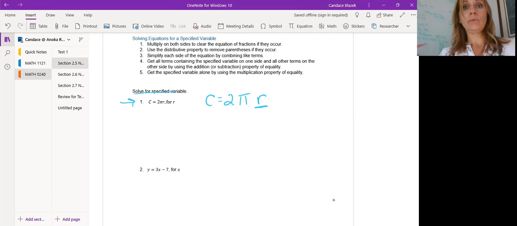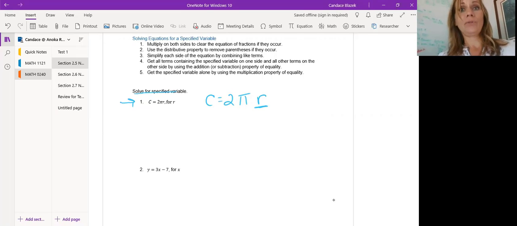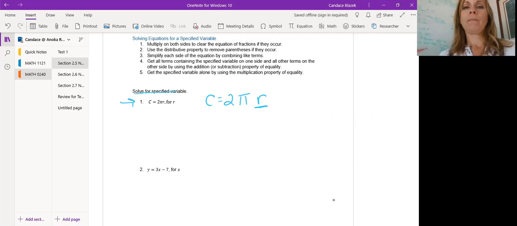I don't have any of those here. Distribute to remove any parentheses, no parentheses here. Simplify each side. Each side is in simplest form. But then it's getting all the terms by using the addition or subtraction property on both sides, right? Well, we don't have to do that either. The last step is using the multiplication property or the division property of equality to get this r alone. That is where we have to start.